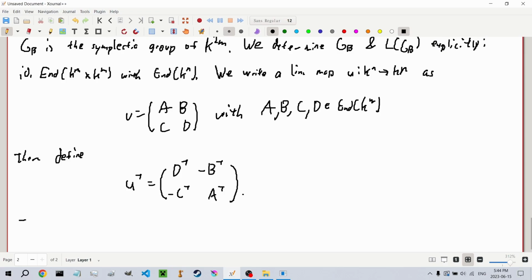And we do this so that for x and y in k to the n, beta of ux and y is beta of x and u transpose of y.